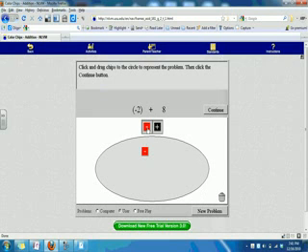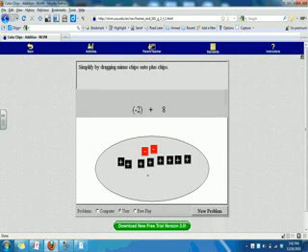Let's see. 2 negatives, 8 positives, can we make any pairs of 0? Yes, this time we can. I can drag this positive chip onto this negative one, and this positive chip onto this negative one. So I could make 2 pairs. How many am I going to have left over? That would be a total of 6.